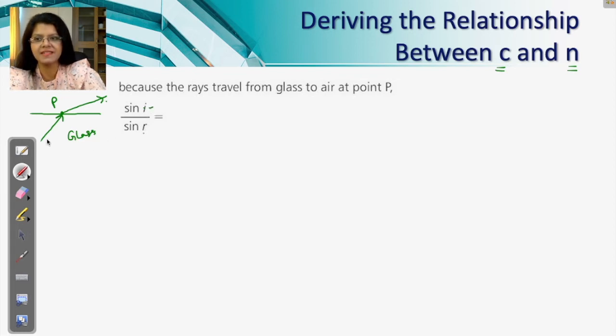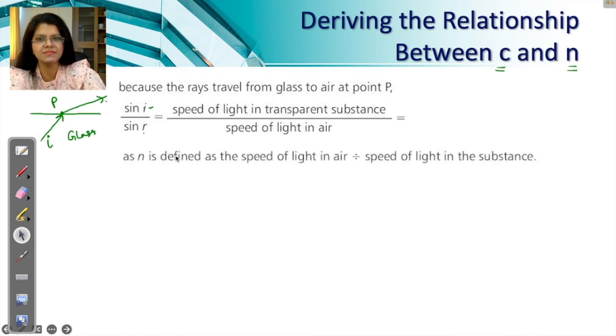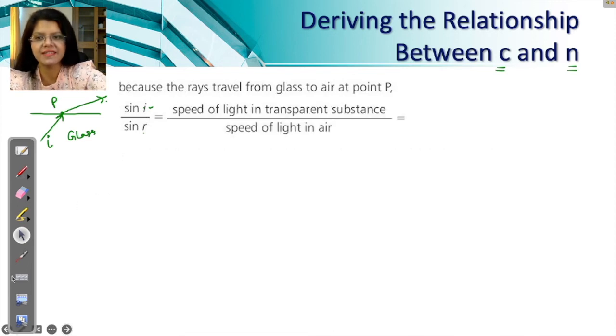Incident ray is in the glass. So this whole equation becomes equal to the speed of the light in the transparent medium over the speed of the light in the air. This comes from your law of refraction.